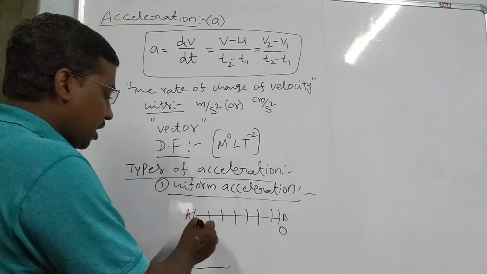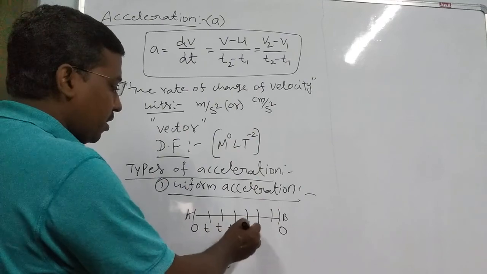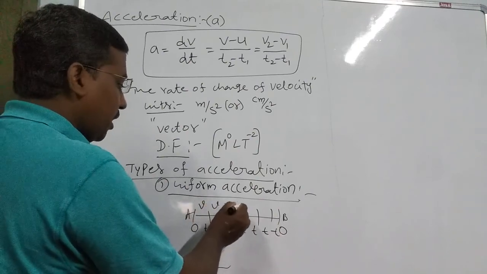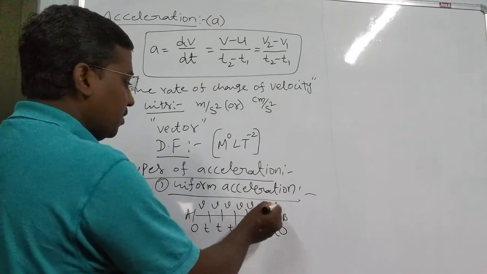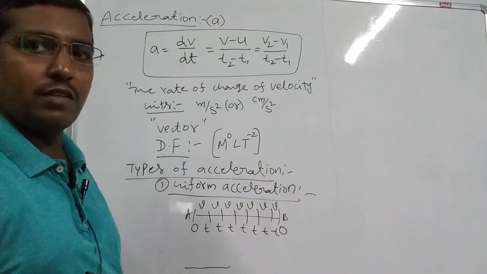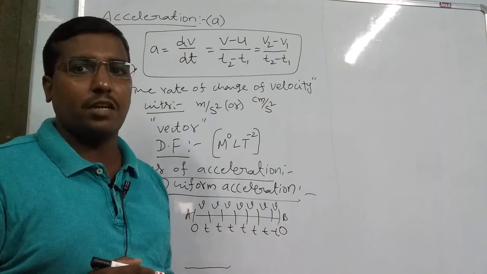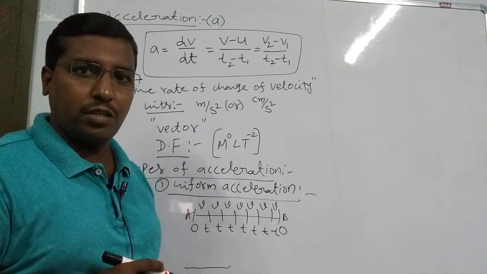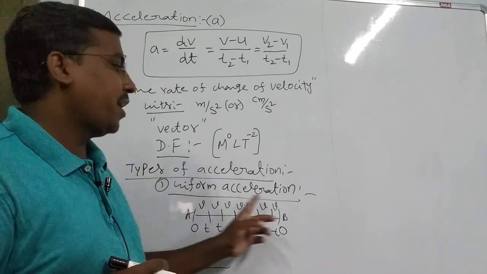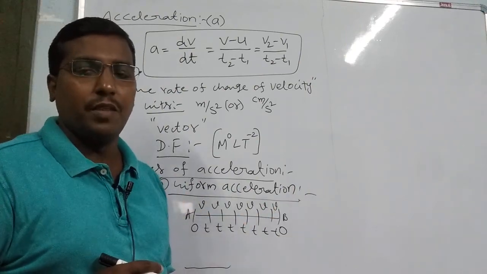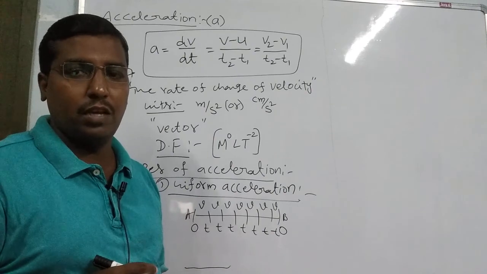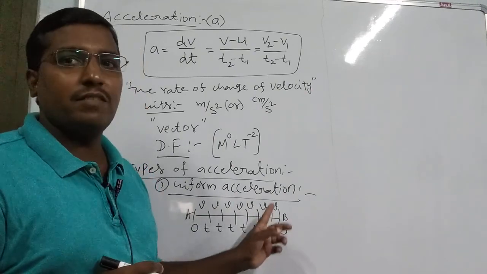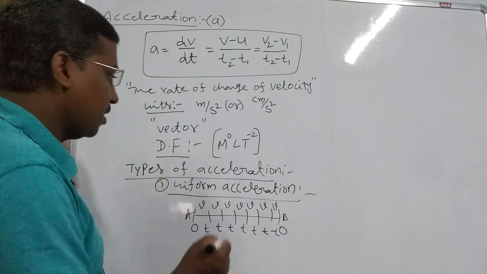In each time interval t, if the velocity of the object remains constant, then this type of acceleration is called uniform acceleration. Uniform acceleration means velocity remains constant. Remember this point.